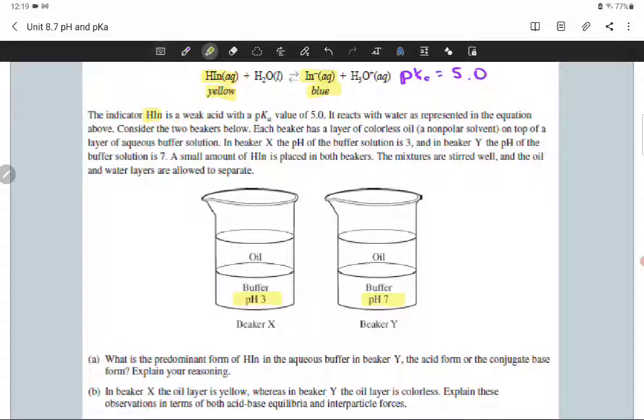The mixtures are stirred and the oil and water layers are allowed to separate. What's the predominant form of HIn in the aqueous buffer in beaker Y? Let's see. So let's actually talk about this buffer idea first.